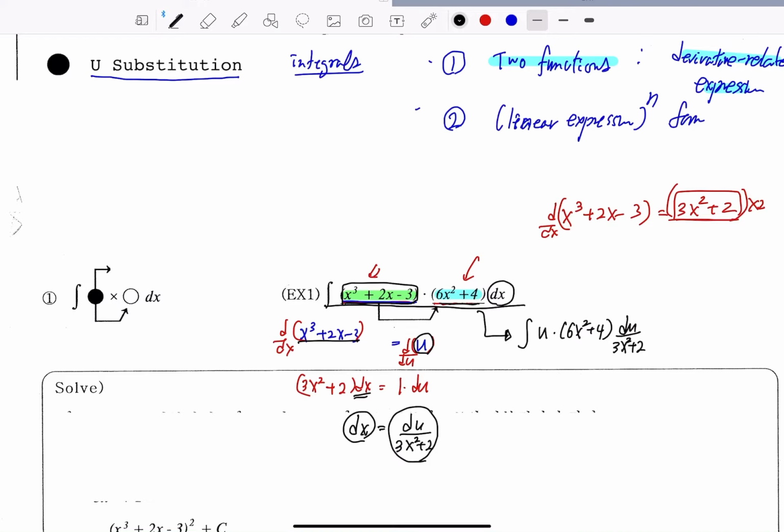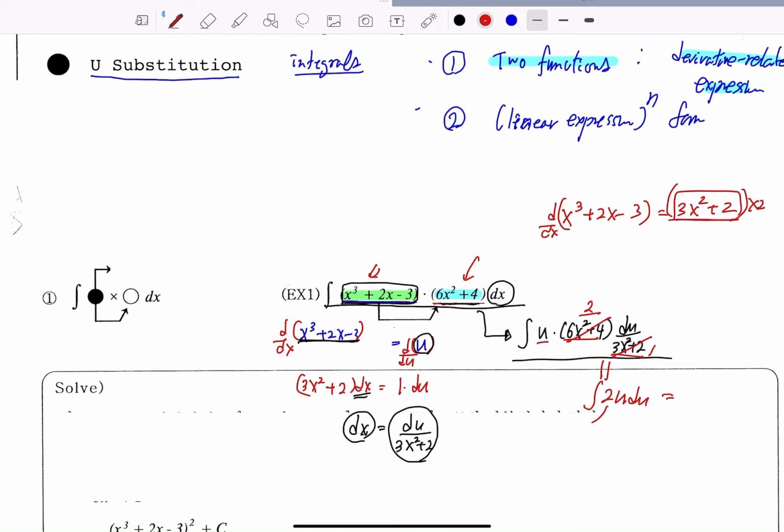After you substitute u for the first function, you should rewrite the given integral expression in terms of u, like this, and then simplify. That one is twice of this, right? So cancel the 2. So this integral is changed to the integral of 2u du.